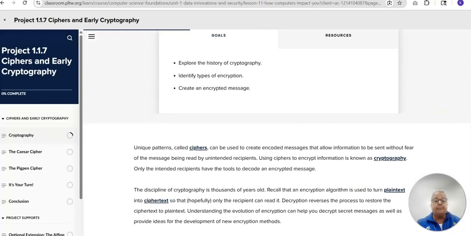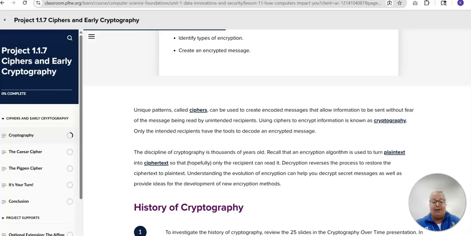So, digging right in here. Unique patterns called ciphers can be used to create encoded messages that allow information to be sent without fear of the message being read by unintended recipients. Using ciphers to encrypt information is known as cryptography.